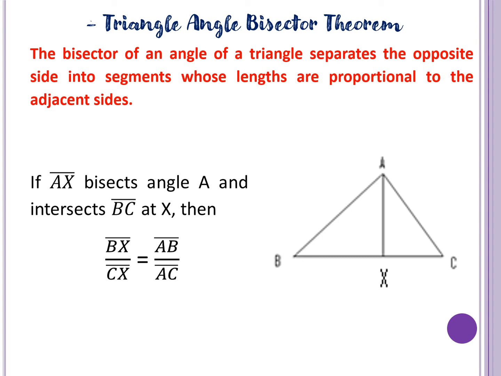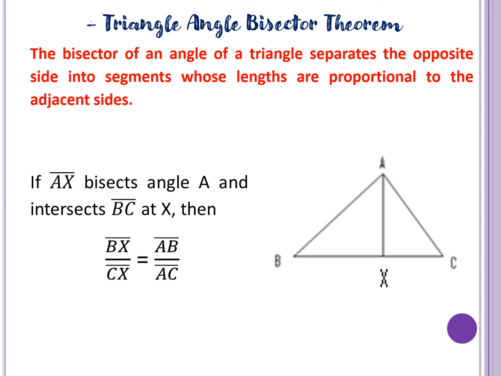Let's now have the triangle angle bisector theorem. Triangle angle bisector theorem states that the bisector of an angle of a triangle separates the opposite side into segments whose lengths are proportional to the adjacent sides. Say for example, we have triangle ABC.